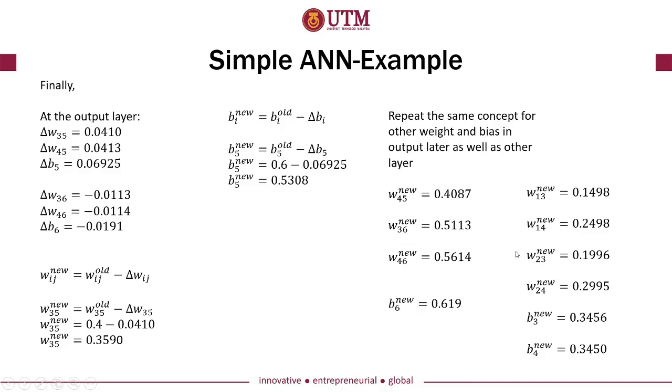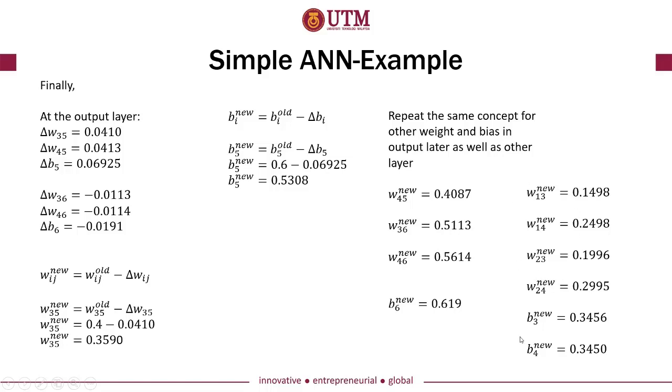And then this is for the W's involved at the hidden layer. The new W13 is this one, W14 is this one, W23 is this one, and W24 is this one.